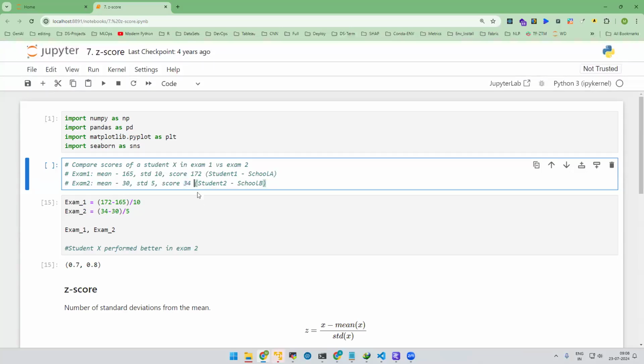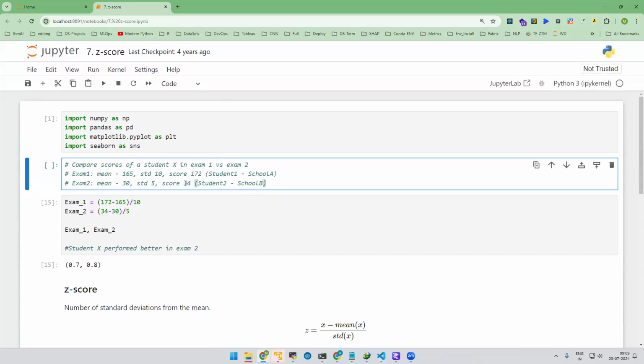Then it is difficult to judge which one got better marks because these are two totally different scales. This one is out of 300, just assume that, and this one is out of maybe 50.